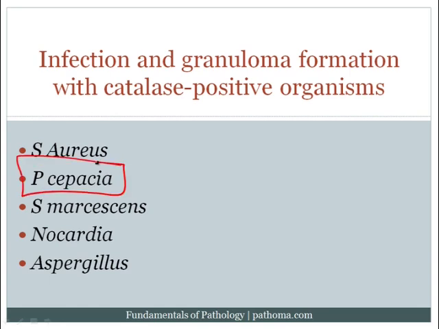So Pseudomonas cepaceae is actually another important bug that is catalase positive, and that can also result in infections. And because Staph aureus is almost known by every medical student, examiners like to go after Pseudomonas cepaceae. So do not forget Pseudomonas cepaceae in the context of chronic granulomatous disease. I hope that I made that clear.